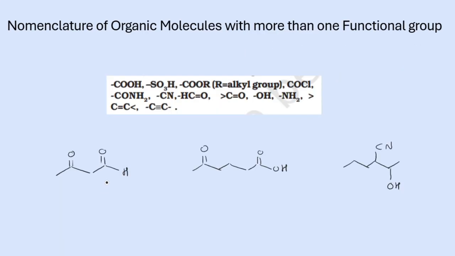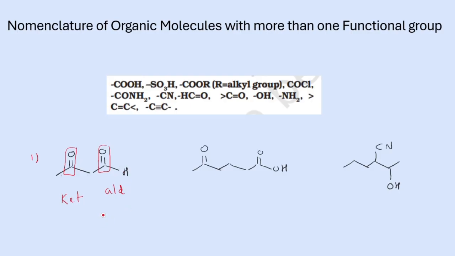Whenever you look at molecules with more functional groups, always first try to identify what the functional groups given in the molecule are. For example, the first molecule shown here, you see that this is a ketone and this is an aldehyde. Why so? Because you see the carbonyl is attached to hydrogen.